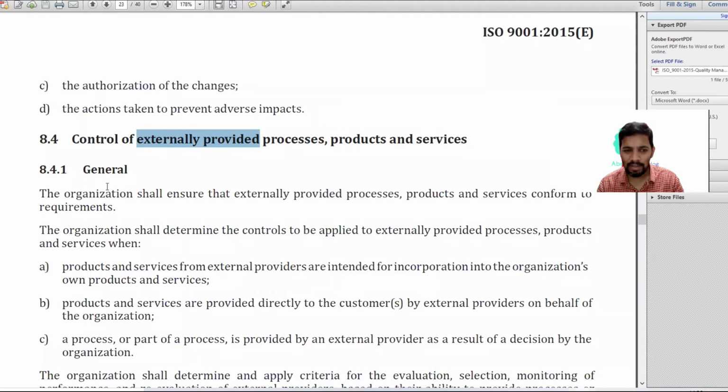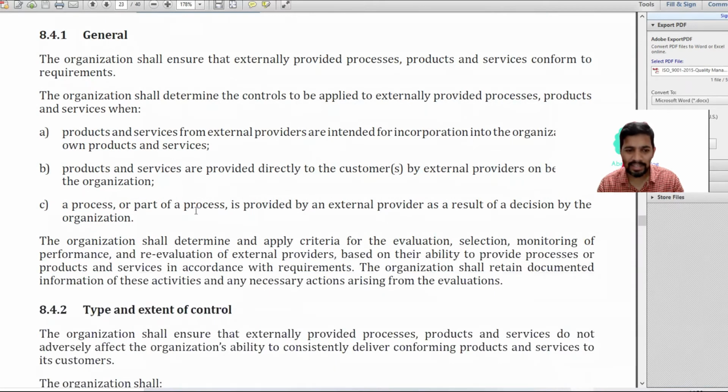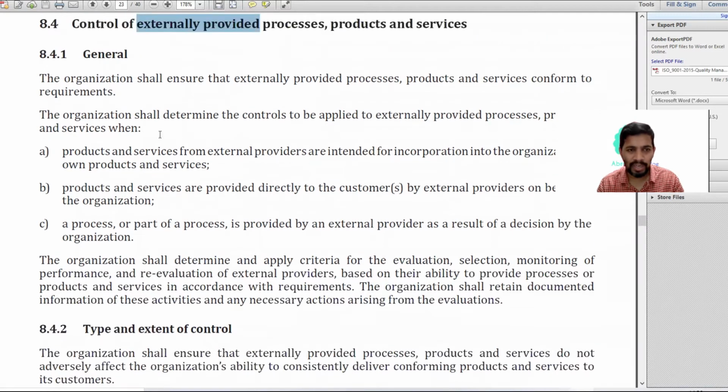So this is the general, and then here it says type and extent of control. In 8.4.1, I'm not going to go over the entire one, because the guidelines have been directly given in the standard. I'm not going to go over all the clauses, but quickly I wanted to read out the requirement.